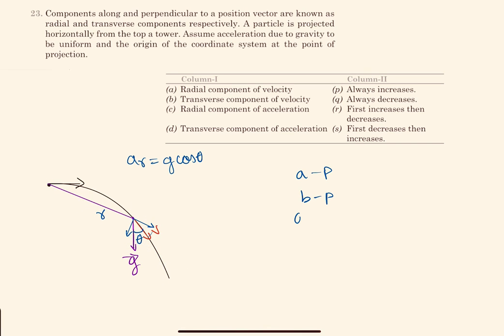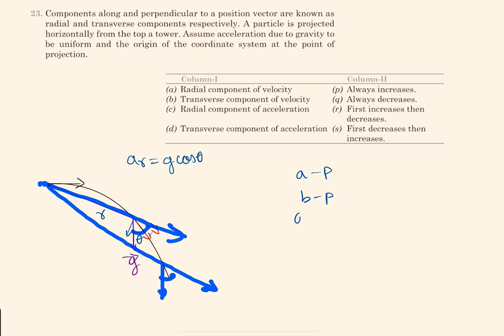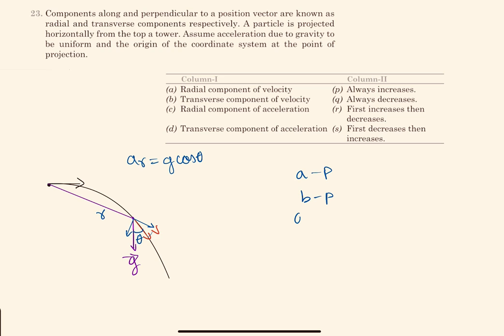Right now, this theta with the radial direction is this much. Now at a lower position, it will change and in fact become smaller. So what can you say about the radial component of acceleration? That will also always increase, right?